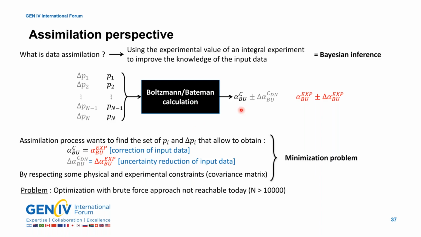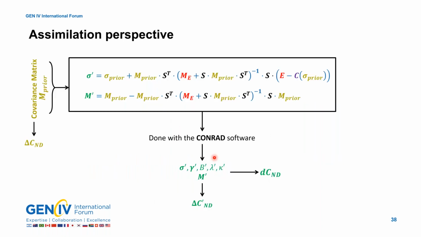But the simulation time for this black box is about 1 day, and the number of parameters is huge. So we can't perform this minimization problem with a brute force approach, but we can use the sensitivities that we computed in the last part. By using sensitivities, we can use a deterministic formalism for data assimilation.